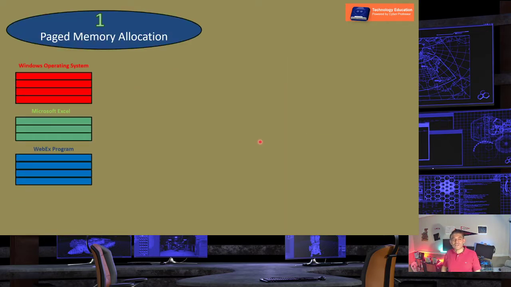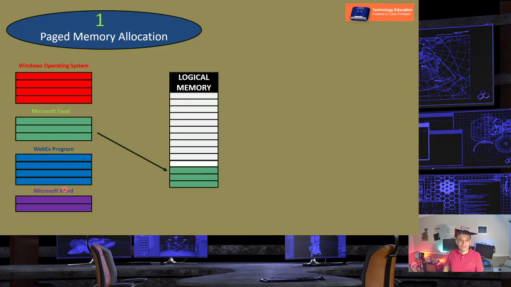Here we have a depiction of 4 different programs that are part of a computer system: Windows operating system, Microsoft Excel, WebEx, and Microsoft Word. In the eyes of Microsoft Excel, the program is taking the entire memory space available in the computer system.